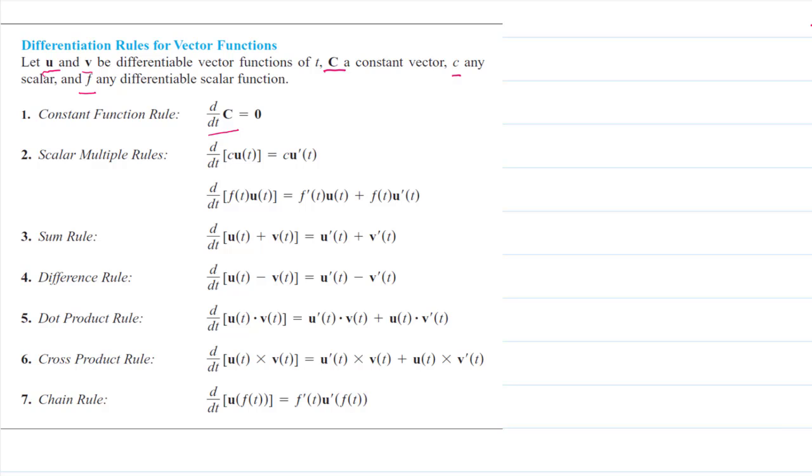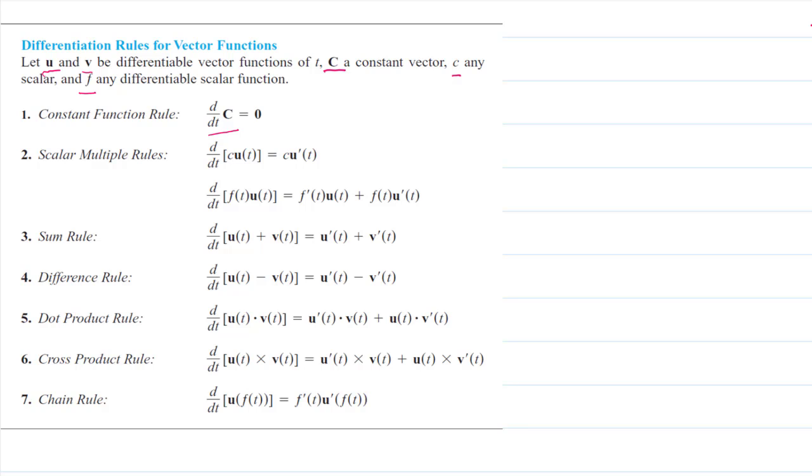Derivative of C times u, C as a scalar number, is equal to C times derivative of u, or derivative of f times u is equal derivative of f times u plus derivative of u times f. The next one, derivative of u plus v is equal to the derivative of u plus derivative of v.